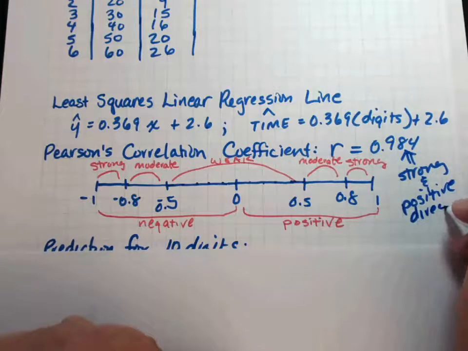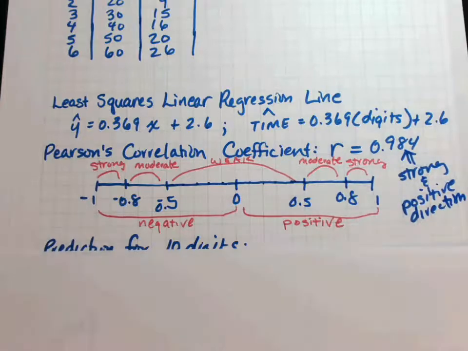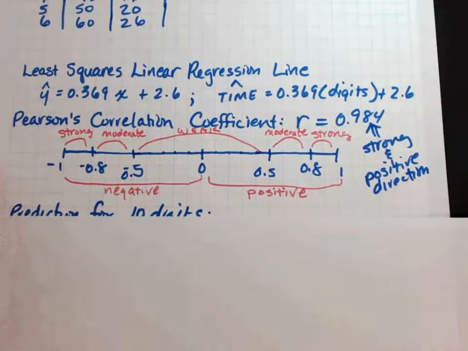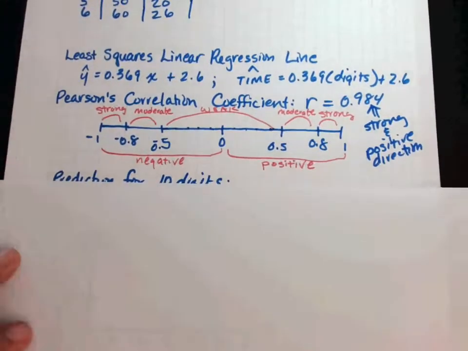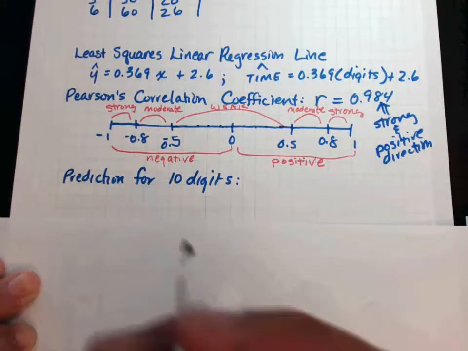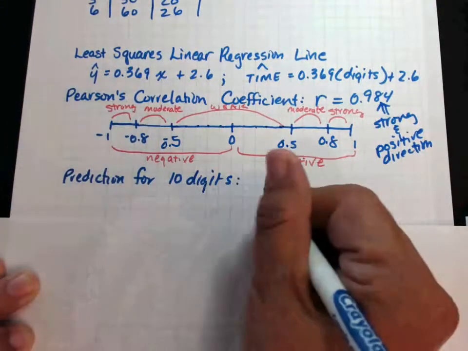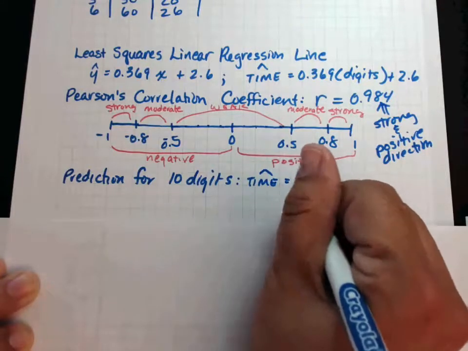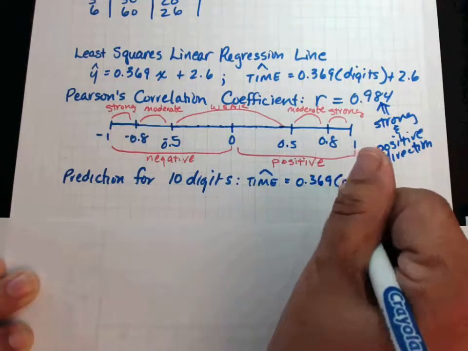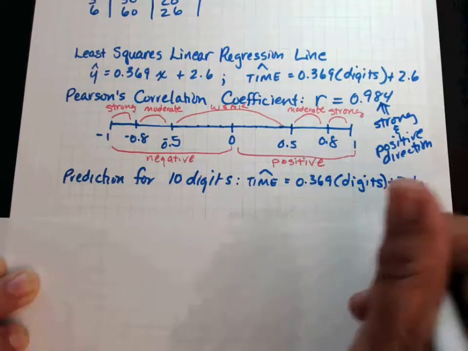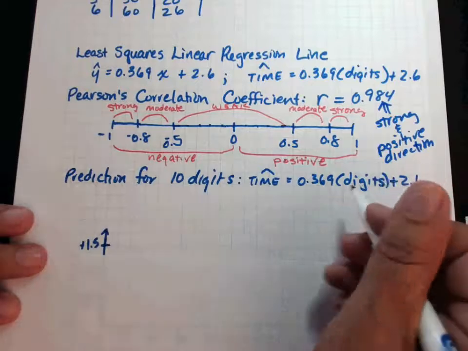Okay? Now, I want you to be able to take your line then and make predictions. So to make predictions, we're going to go ahead and predict for 10 digits. So I'll take my line right here, which is time is 0.369 times digits plus 2.6. And for 10 digits, I would put 10 in there.